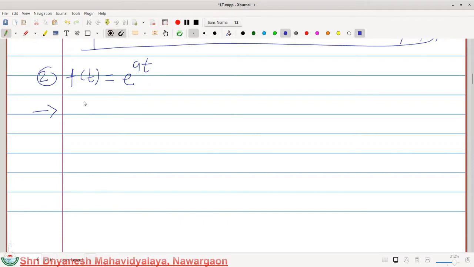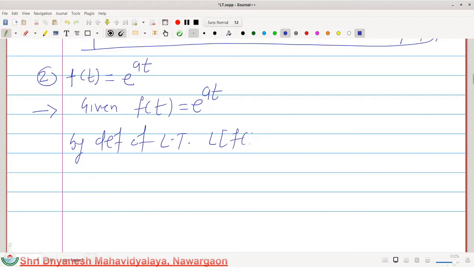We start from the given f of t equals e to the power at. By definition of Laplace transform, we have Laplace transform of f of t equals integration 0 to infinity e to the power minus st f of t dt.